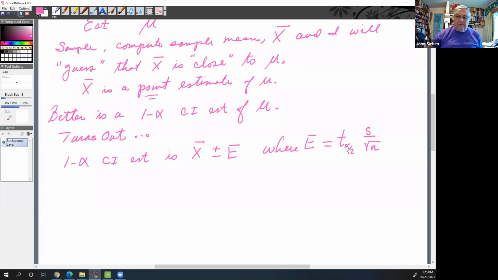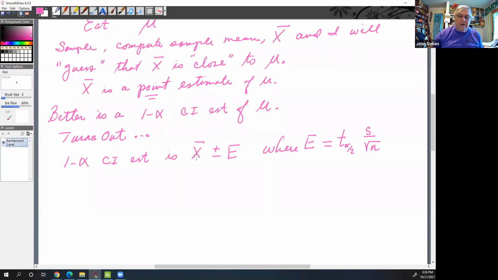Remember, for a proportion, this turned out to be a Z alpha by 2. Now it's a T alpha by 2, but it's still a critical point in the upper tail of the distribution. And when we were doing proportions, this was the square root of P hat Q hat over N, and that was the standard deviation of P hat. Well, S over the square root of N is an estimate of the standard deviation of X bar.